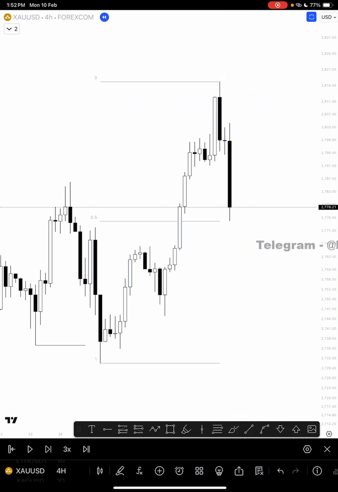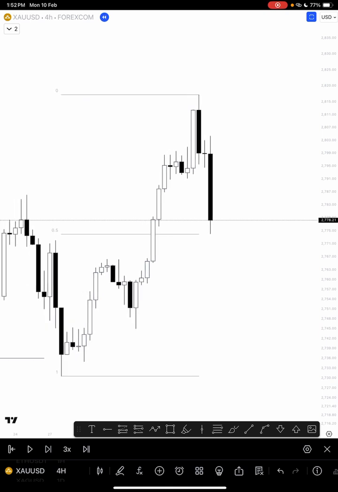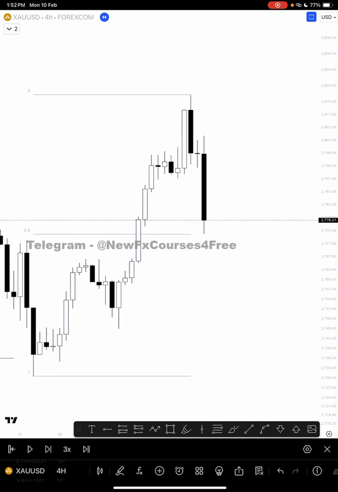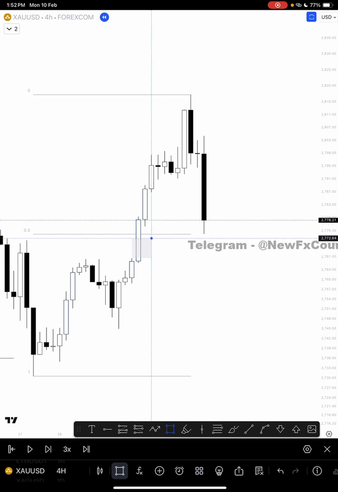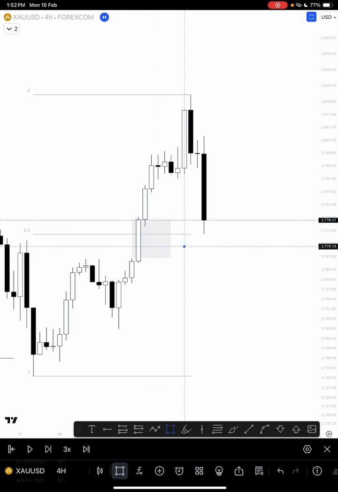Here we got our daily range, and you can see this is actually the equilibrium here. And if you look to your left, what do you got there? You got your fair value gap here.